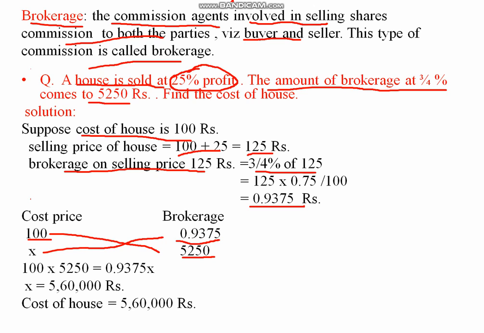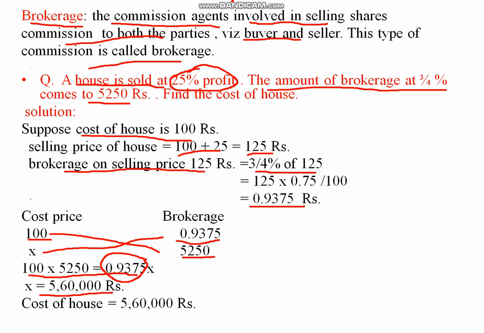100 upon x is equal to 0.9375 upon 5,250. Do the cross multiplication: 100 into 5,250 is equal to 0.9375x. This amount is multiplied on the right hand side, so to the left it will divide, and after dividing we get x is equal to 5,60,000 rupees.